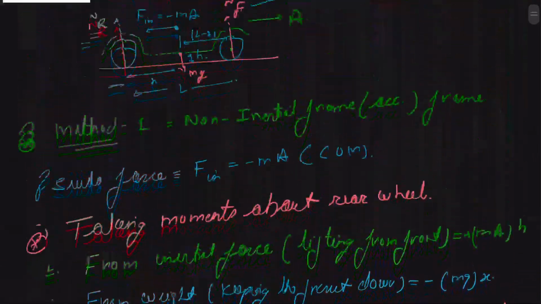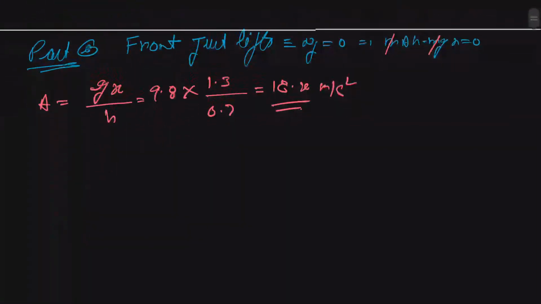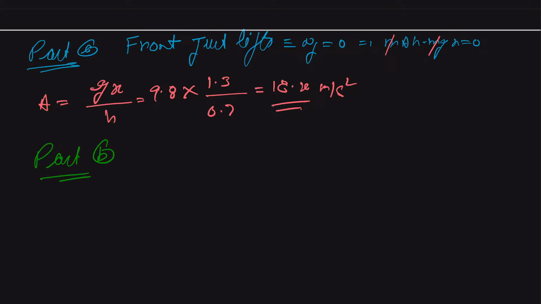And for part B, it states that the car decelerates at a rate which is equal to g. Therefore, we can say for our part B, we are having a deceleration, let us suppose this deceleration is of minus g.